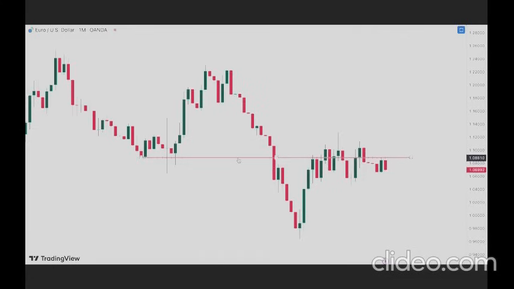support. Then it came to be resistance, guys.